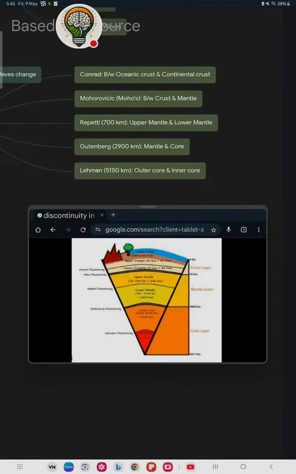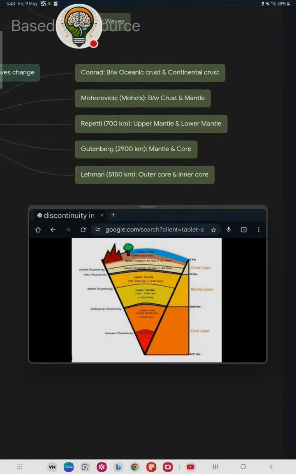The Conrad discontinuity is between the upper crust and lower crust. Then Mohorovicic is between crust and mantle, and Gutenberg is between mantle and core.